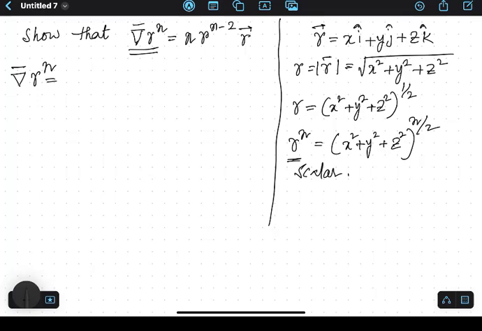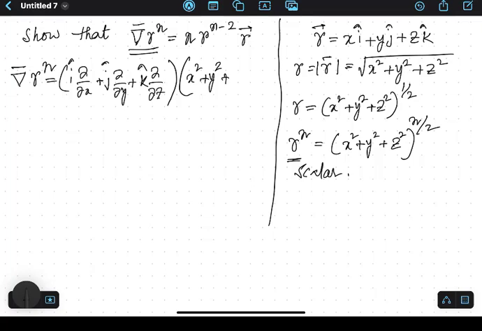I write this way. i del x for the operator, j del y plus k del z on r to the power of n. So r to the power of n is x square plus y square plus z square to the power of n by 2.